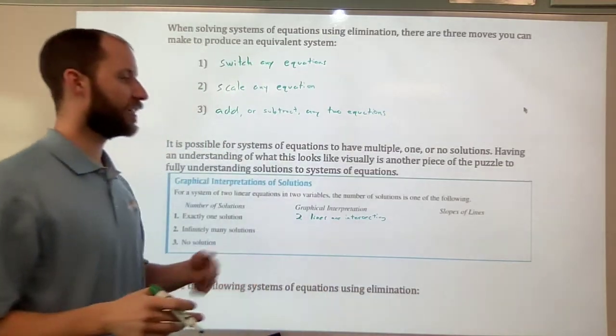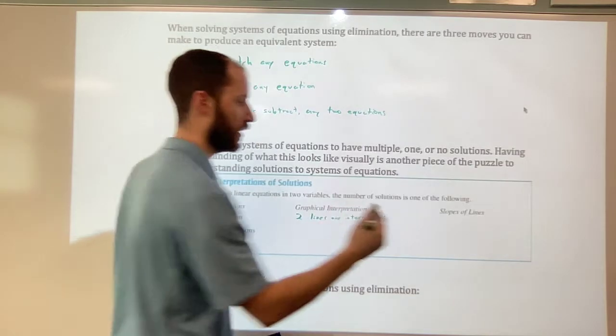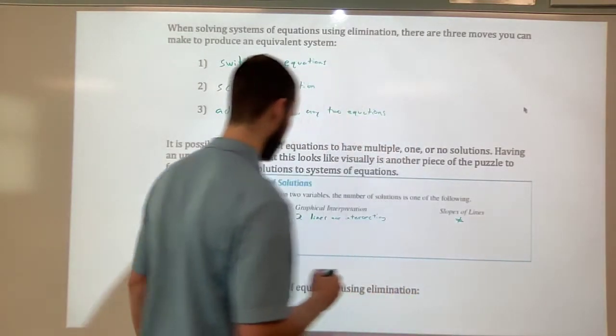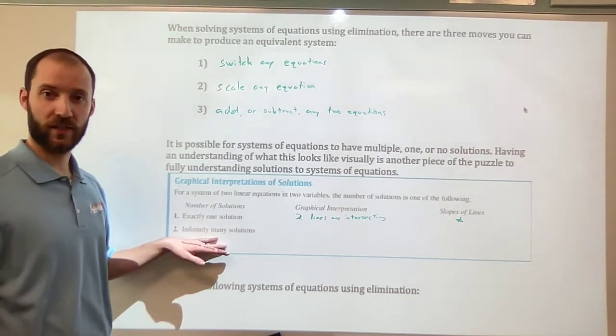And that would mean their slopes are different. So they cross each other. So the slopes are not equal.